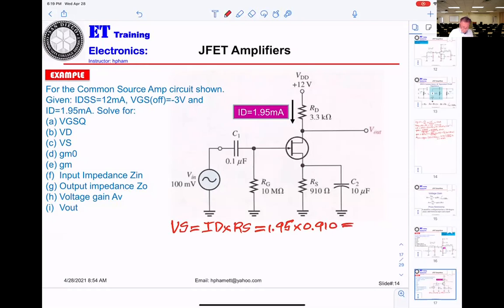Then whatever you get, okay? And now they want VGSQ. VGSQ equals VG minus VS. And that will be 0 minus VS.